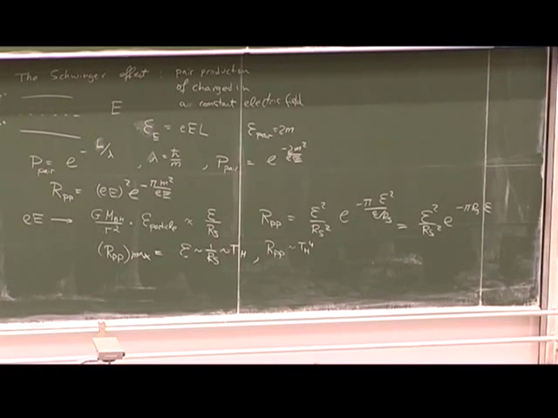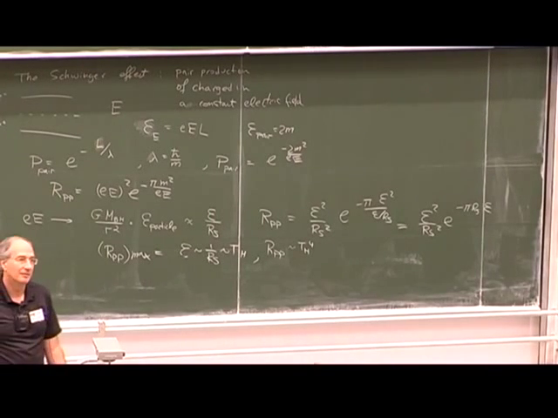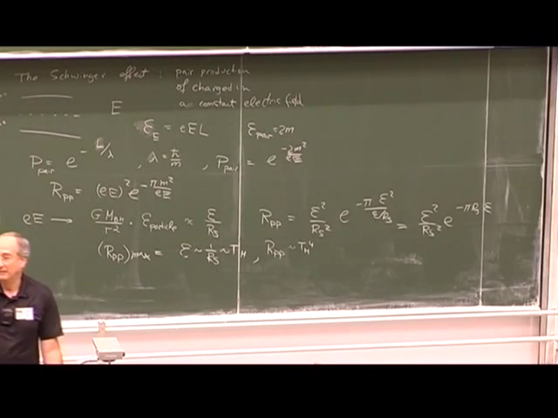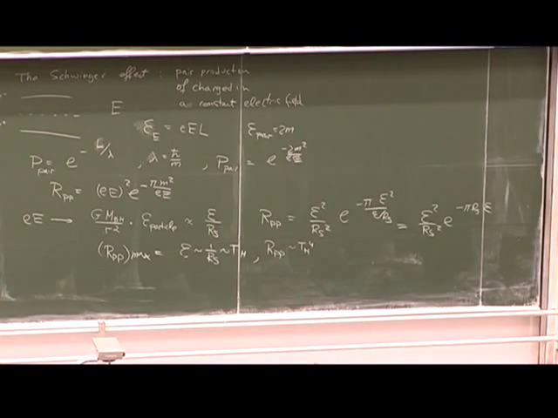Okay? Yes? Pair production, does it only happen on the Schwarzschild radius or also in other places? Is it a smaller probability? In this case, you see that if you're in a region where the gravitational field is very small, the rate of the pair production is much smaller.